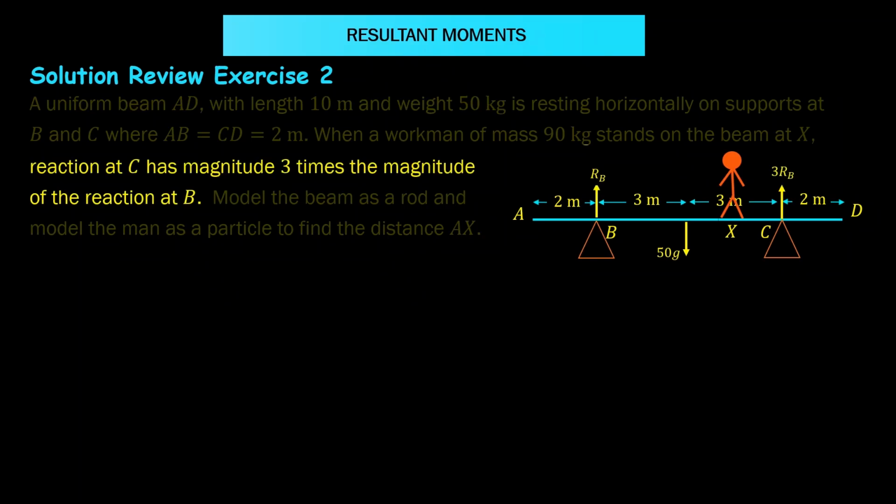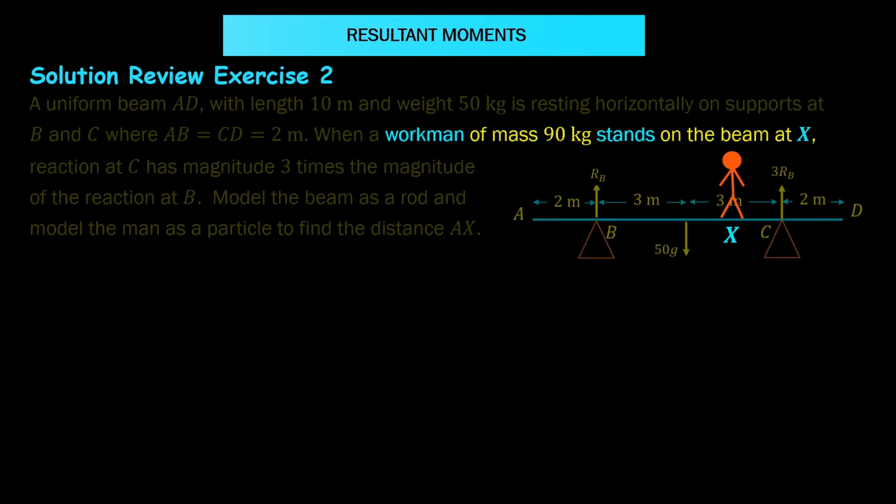The reaction at C has magnitude 3 times the magnitude of the reaction at B, and this is given as shown. The workman stands at X, and since his weight is 90 kg, the force acting at the point X is 90 g newtons.